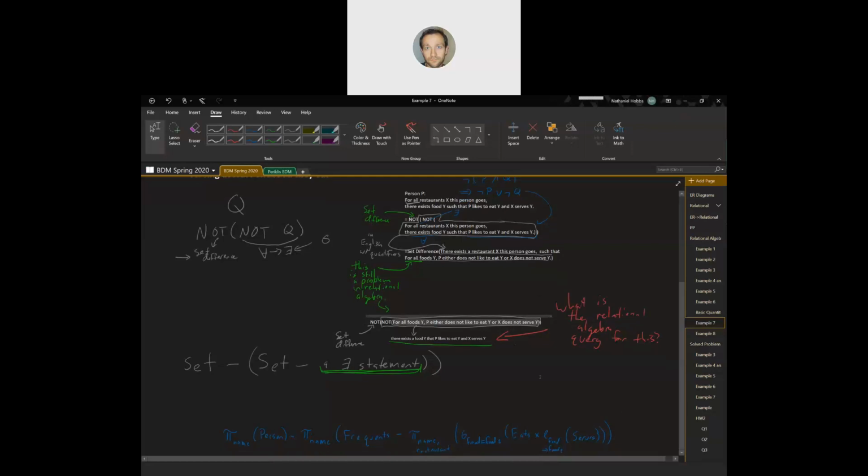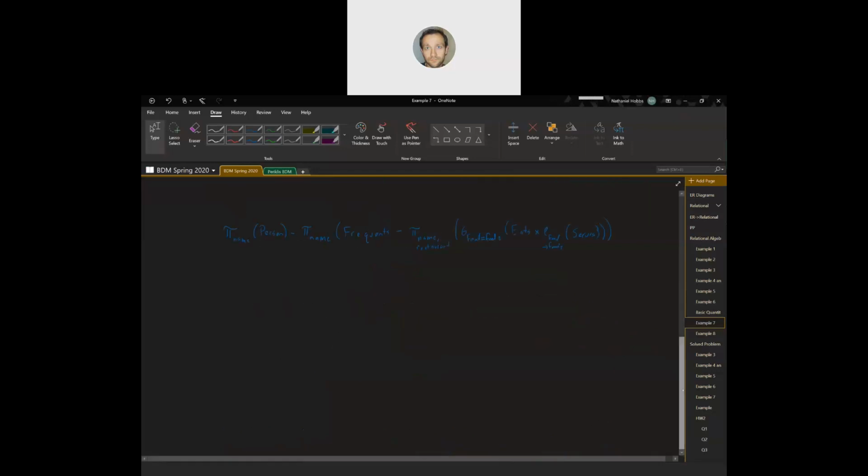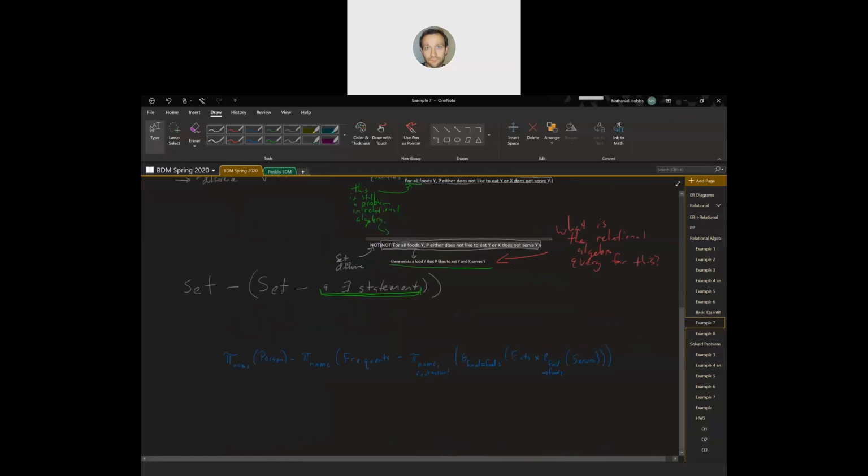Now, I left off with the actual query itself, which I'll put here, and I sort of gave it to people to mull over.